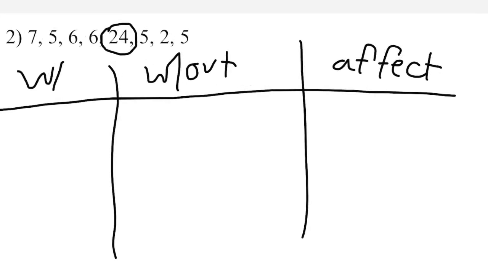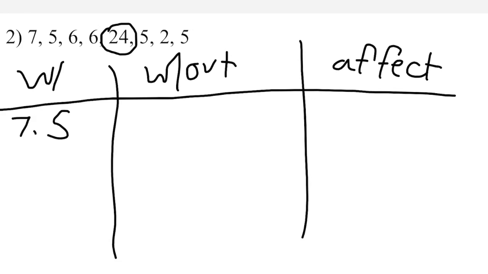So with the outlier, we are going to do 7 plus 5 plus 6 and 6 is 12 plus 24 plus 5 and 5 is 10 plus 2 is 60, and then divide that by 1, 2, 3, 4, 5, 6, 7, 8. So with the outlier, our mean is 7 and 5/10.